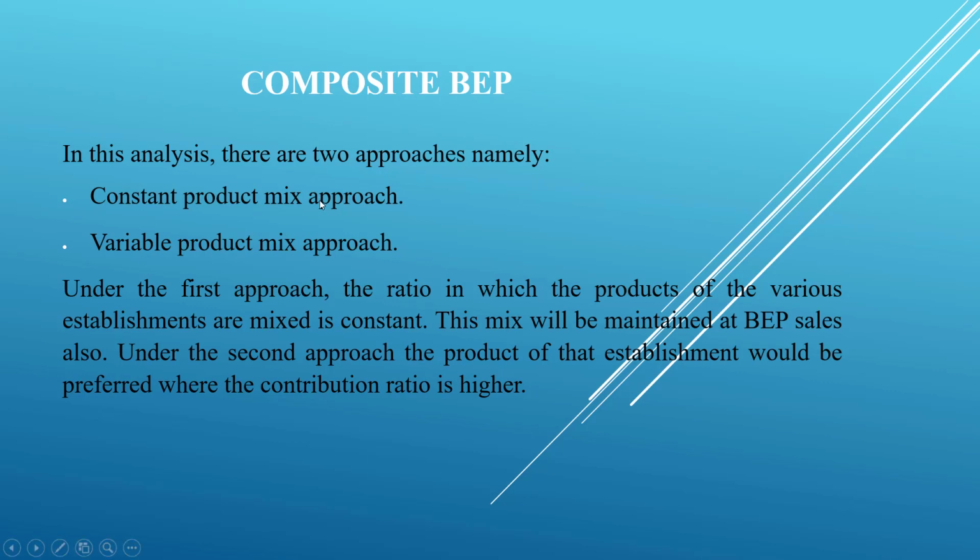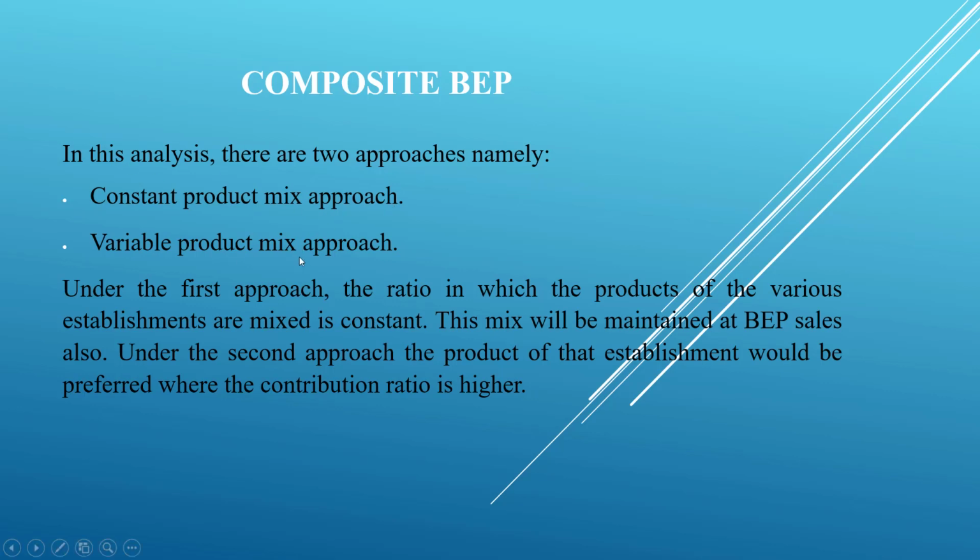So in this constant product mix approach, we try to calculate the BEP sales, in rupees, or BEP in units, and they are constant. That means the contribution and the fixed expenses will be the same, where there is no profit, no loss.